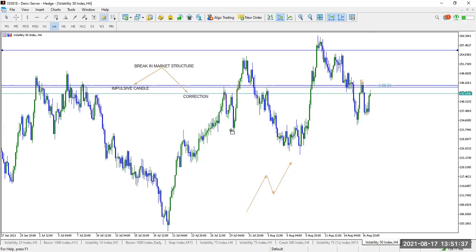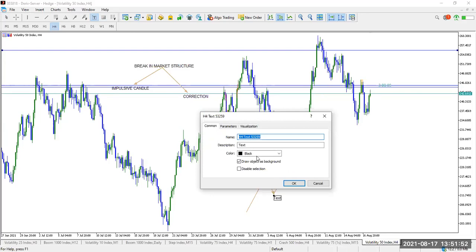If it is a buy, this place, the break section, becomes our support.